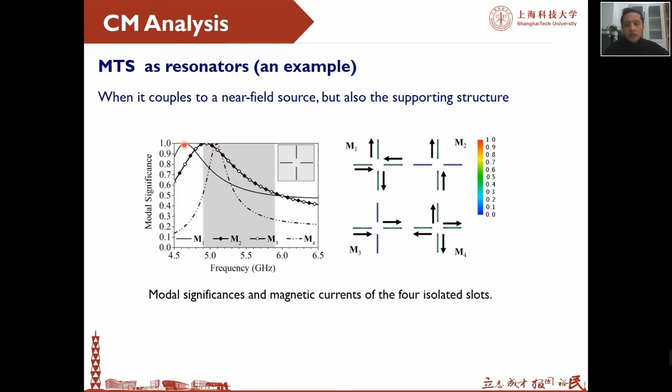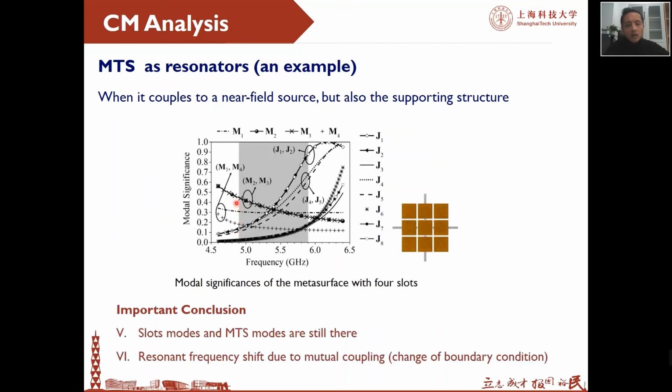Pay attention to these frequencies. The resonance is between 4.5 and 5 gigahertz. But here we see that the modes of the slot shift to lower frequency, and for the metasurface, they shift to higher frequencies. So we have the important conclusion that when they are put together, they have a very strong effect on each other.